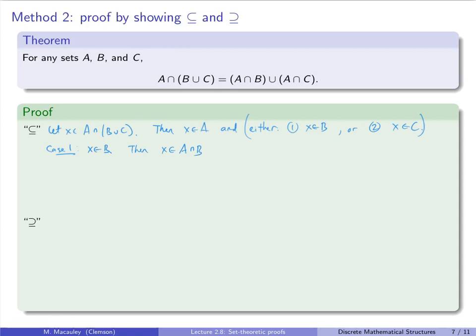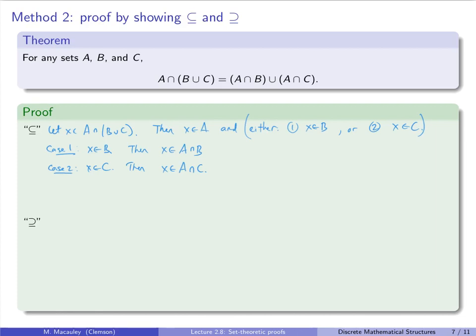Okay, so case 2 is that X is in C. In this case, we already know X is in A. Then X is in A intersect C. Okay, so we have that either X is in A intersect B or X is in A intersect C, which means it is in the union of those two sets.